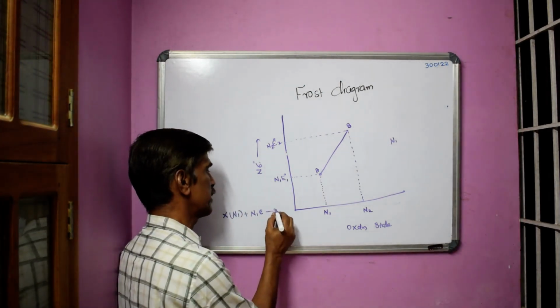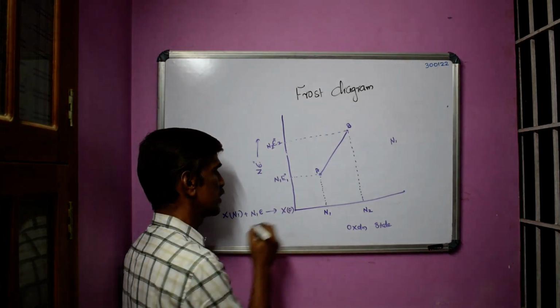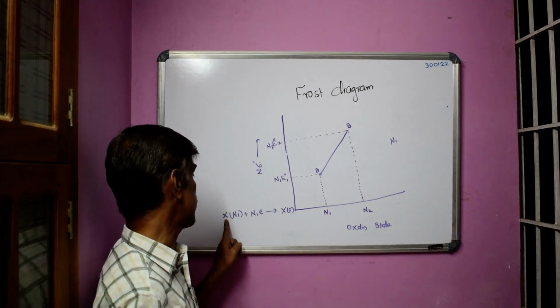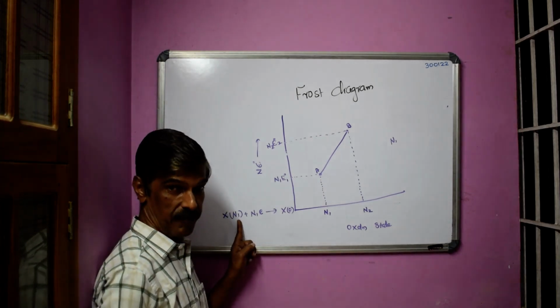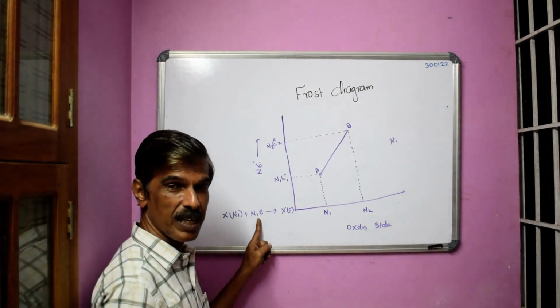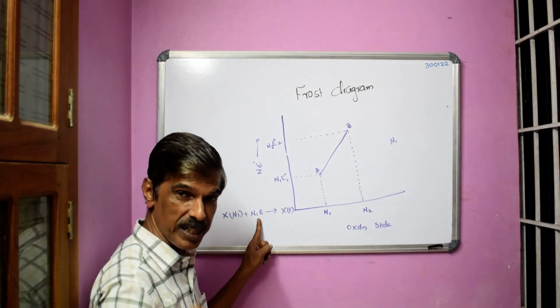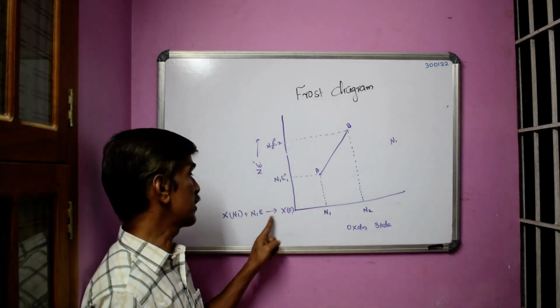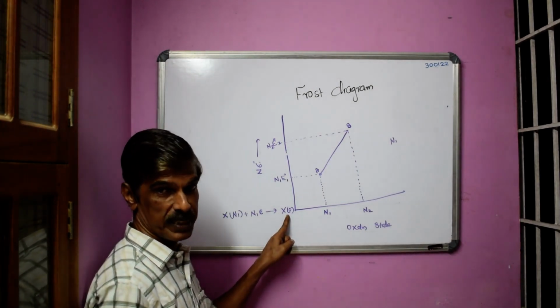It is converted into the element in the 0 oxidation state, isn't it? So this represents the reaction: x in the N1 oxidation state plus N1 electrons, is equal to x in the 0 oxidation state.